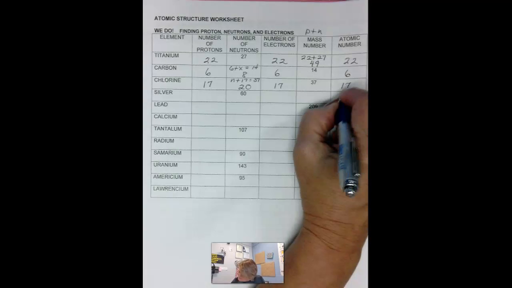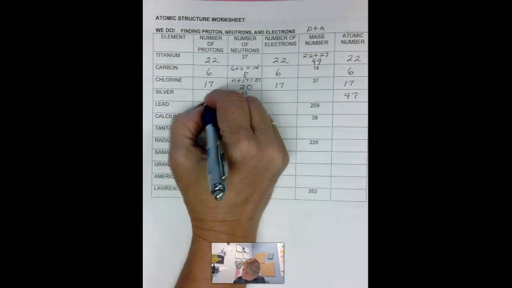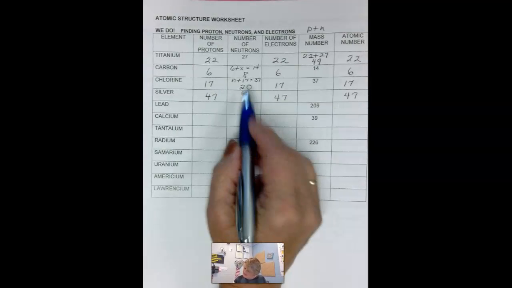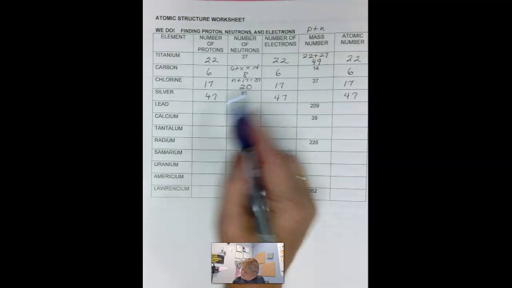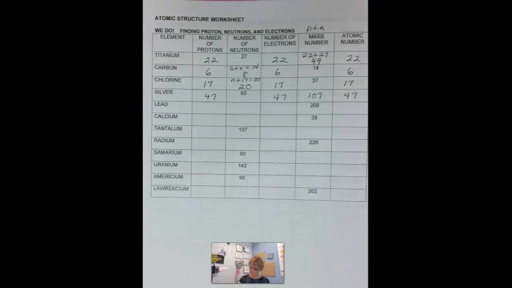It has atomic number 47. That means 47 protons, 47 electrons. It has 60 neutrons, 47 protons, which gives you a mass number of 107.